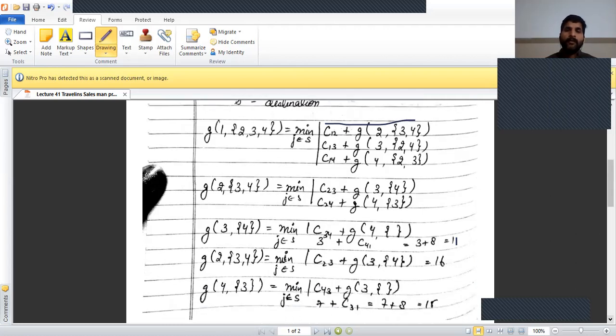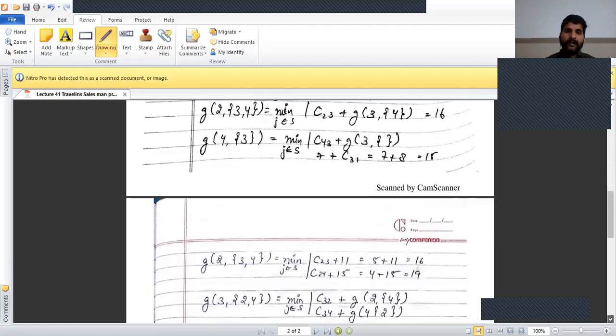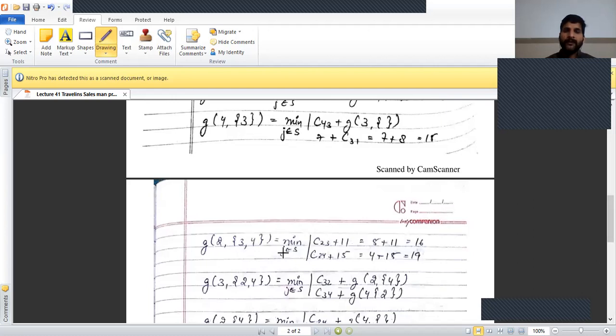So similarly we calculate the value of 4 comma 3 equal to 15. For G(2, {3,4}), two values are given, 16 and 19. G(3, {2,4}) minimum j element provides the result.